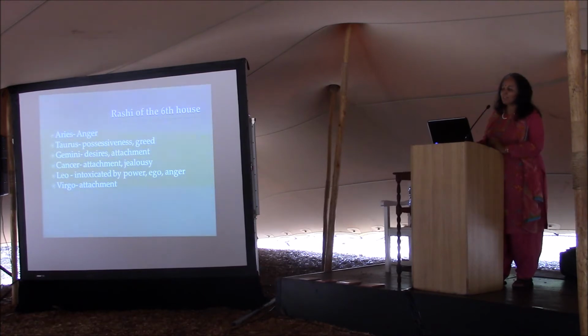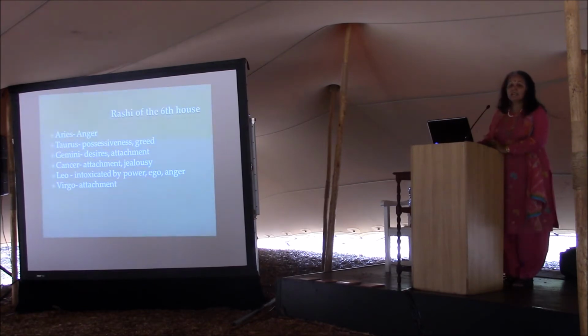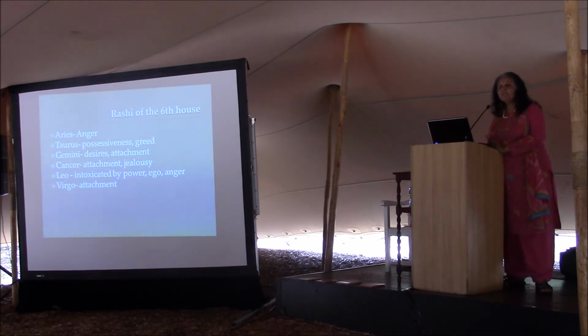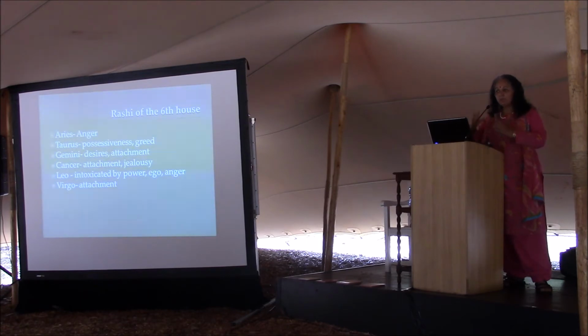Taurus is possessiveness, greed, because Taurus is an earth sign. He wants land and property and comfort and things. Gemini is desires and attachment. Gemini is definitely attachment, because Gemini is the couple. So Gemini is attached to the concept of finding the other half.